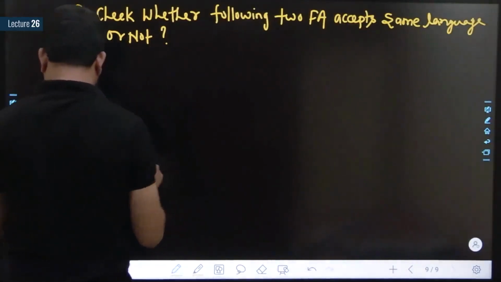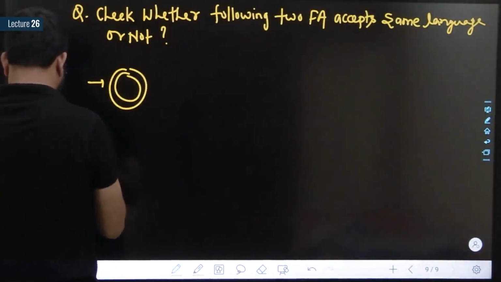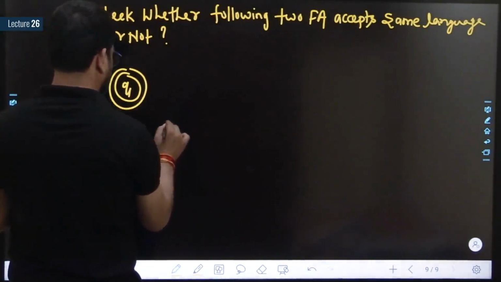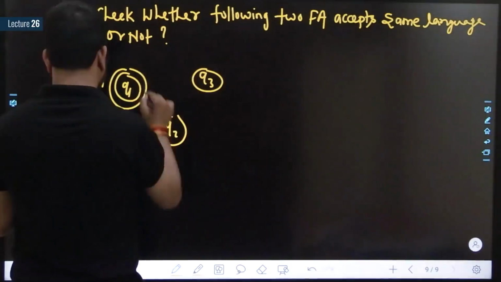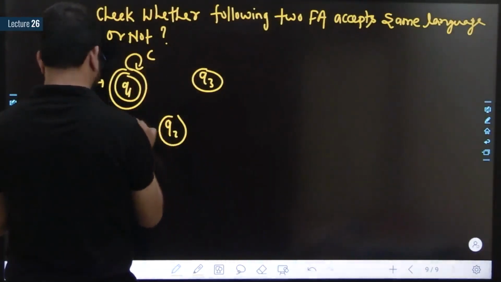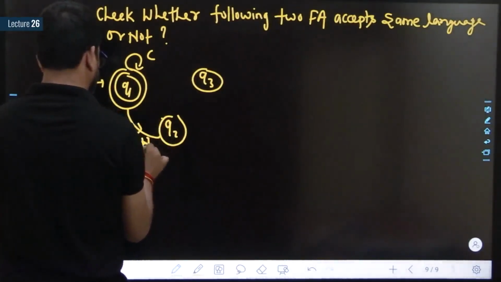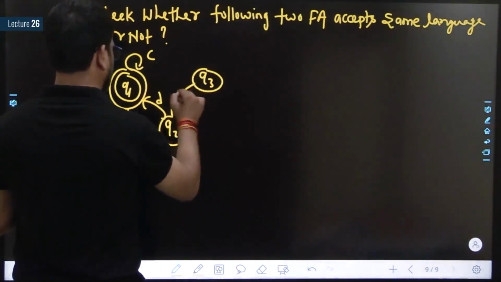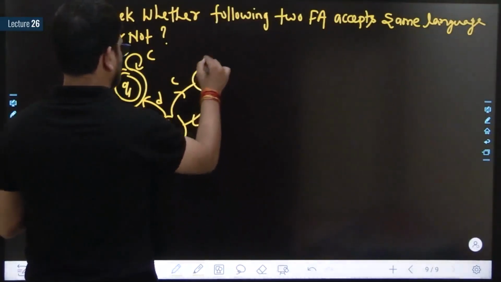What are the finite automata? Please check. Q1, Q2, Q3, C, D, C, D.